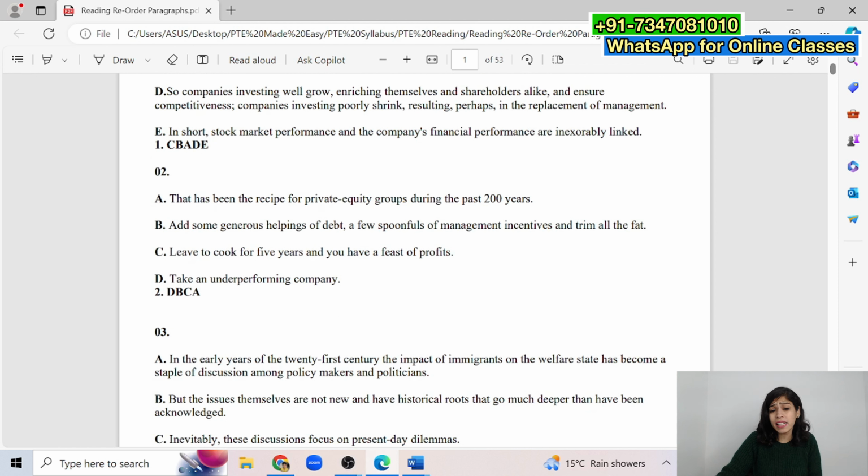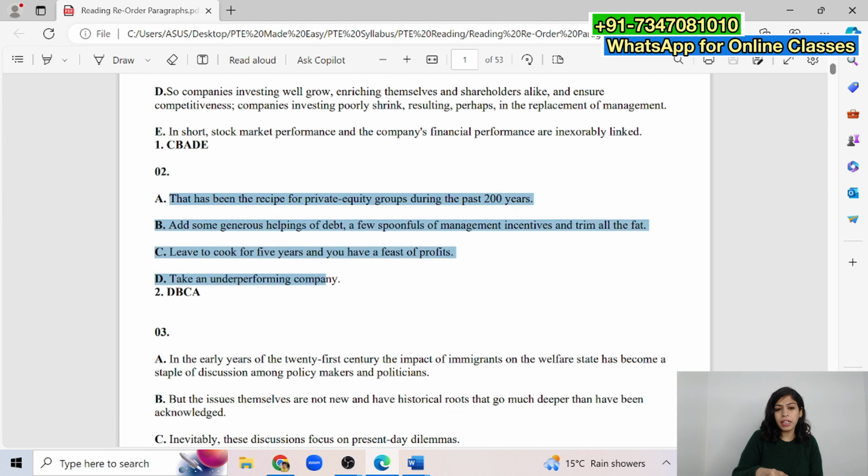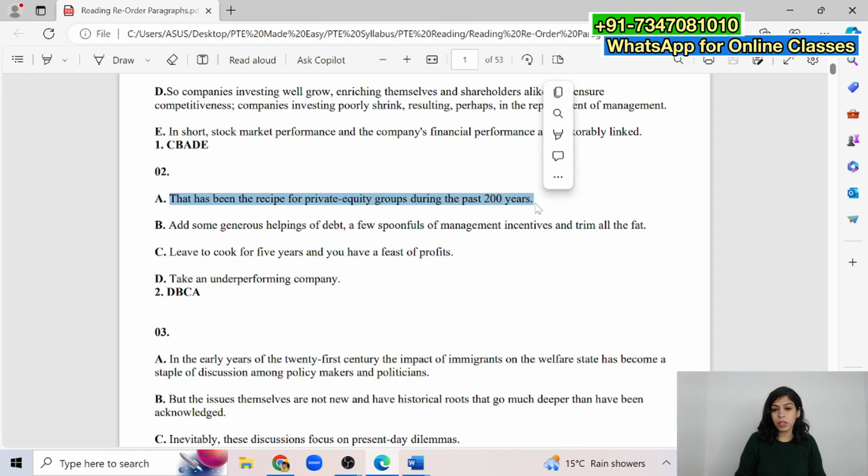It clearly tells that it is the concluding sentence. They have already told the recipe, and now they are just referring back to the same and concluding: that has been the recipe for private equity groups during the past 200 years.